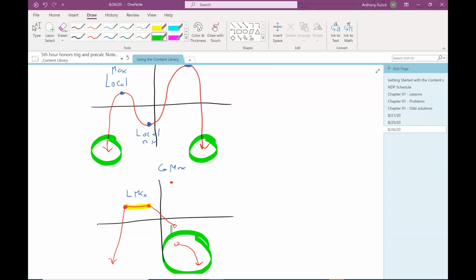There's not. Why would there not be? Because that's an open point at the end. It's not included. There is no final point on the left end of that little piece to be a maximum, right? Any point you pick on that end, you can find one to the left of it, right? So there is no point there to call the local maximum. That's tricky, right? If that was filled in, well, this wouldn't be a function anymore, for one. But if it was filled in, that would be a local maximum.